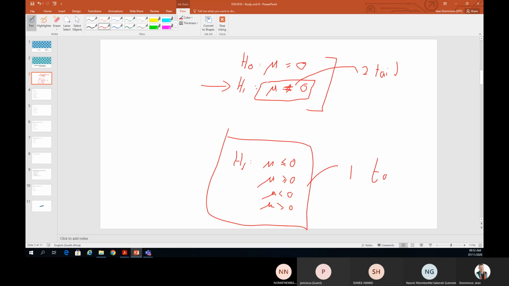So it's nearly easier to identify the two tail, because if it's not equal to, then it is a two tail. When we see that sign, it's two tails. When we don't see that, it's a one tail.